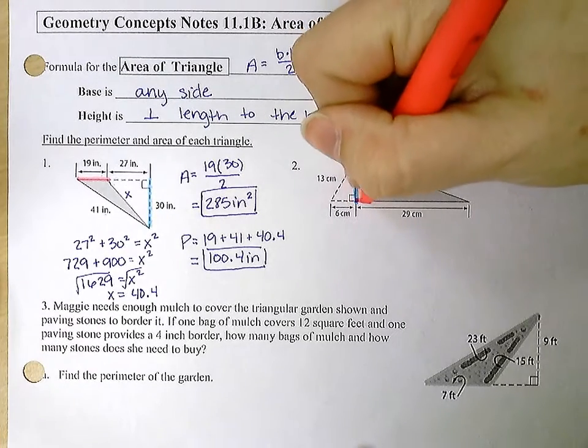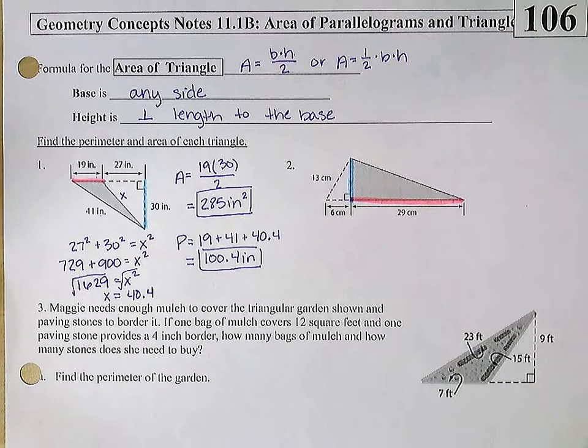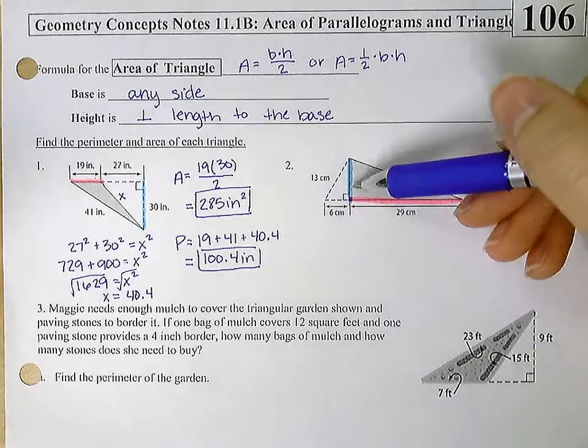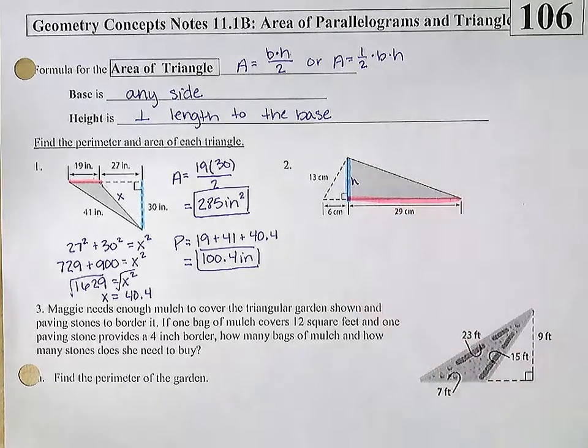Okay, so my base then will be 29 since my height has to be perpendicular to that base. All right, so to find the area of this triangle, I have the base, but I'm missing the height. Okay, so somehow I need to find the height.